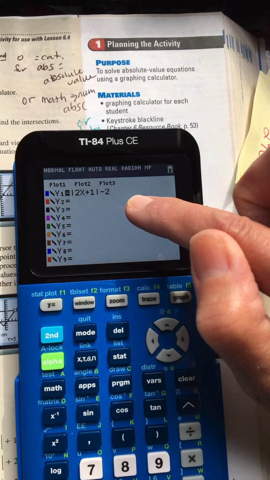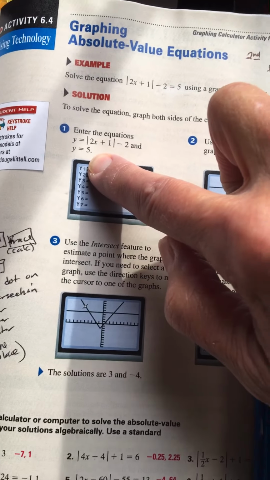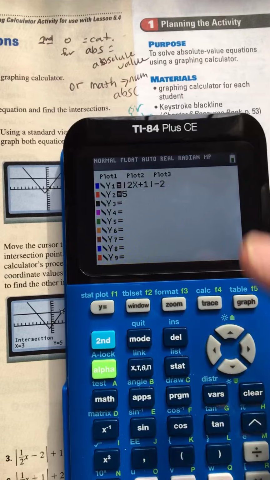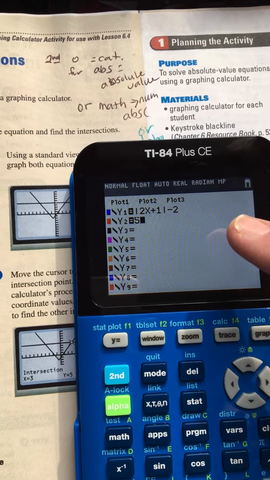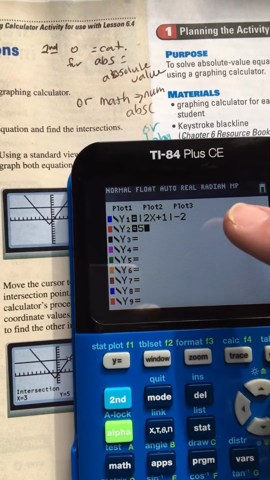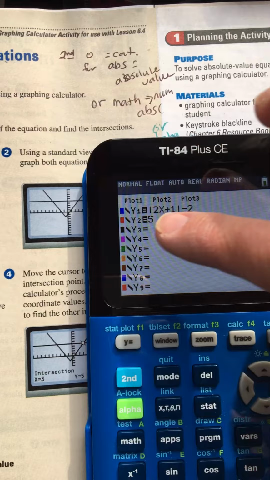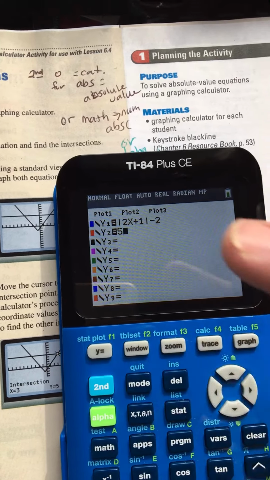Now I put this on one side, and I put what it equals on the other side for y2 equals. You can do this for any equation. This will solve for x for any equation. It could be something you don't understand, but if you type in one side for y1 equals and what it equals for y2, where they intersect is the answer.